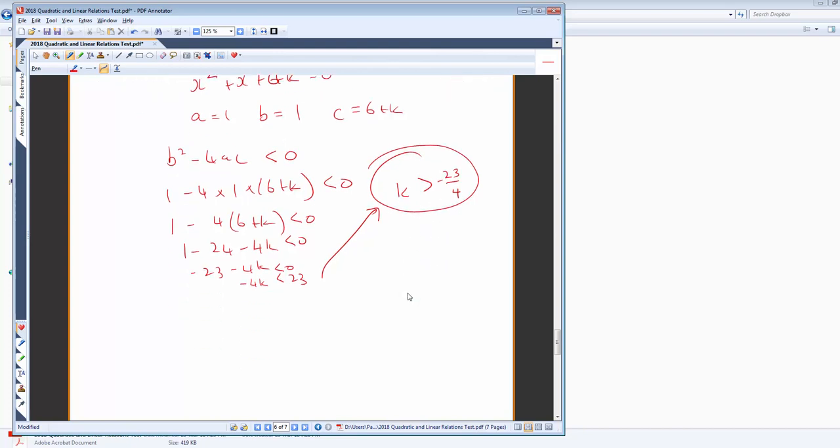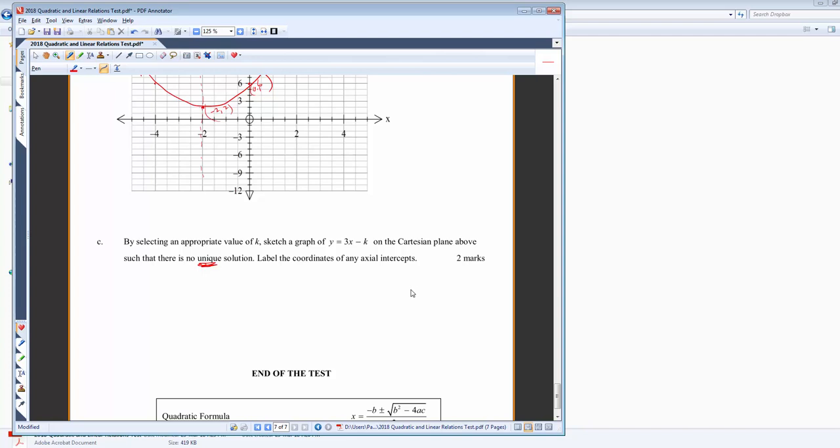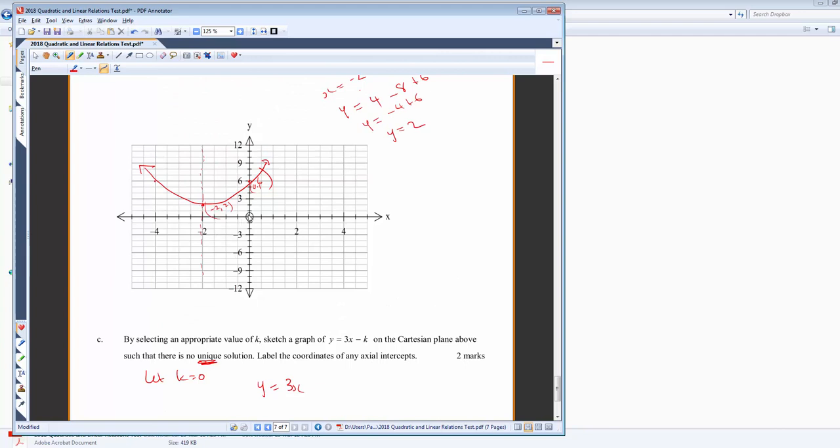So I'm just going to say over here, let k equal 0, because that value there is going to produce no unique solution. So that means our equation is y equals 3x. Label the coordinates of any axial intercepts. So what it's going to do is run through the origin. The gradient is 3, so as x increases by 1, the y value is going to go up by 3.